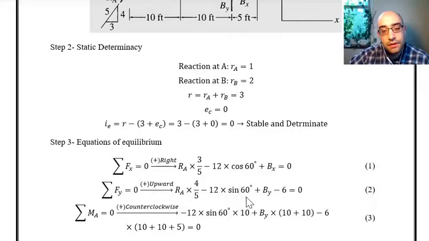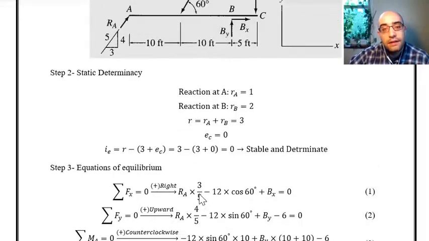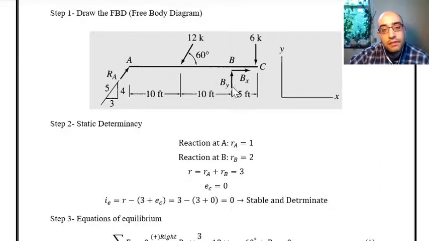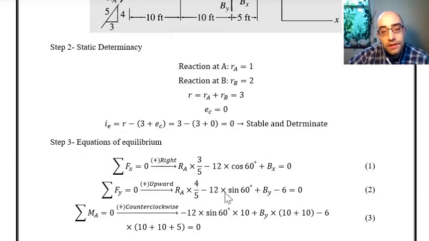That is this term over here. And then we have the vertical component at point B, so that will be By. And finally, I have a 6 kip force at the end, which is downward, so that should be negative. You can see this in the equation: RA multiplied by 4/5 minus 12 sine of 60 plus By minus 6 equal to 0.